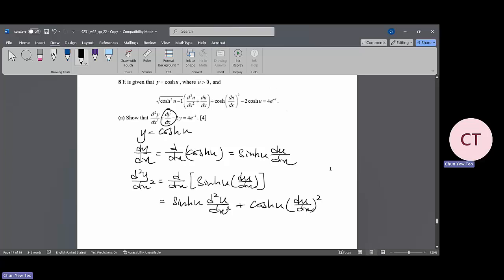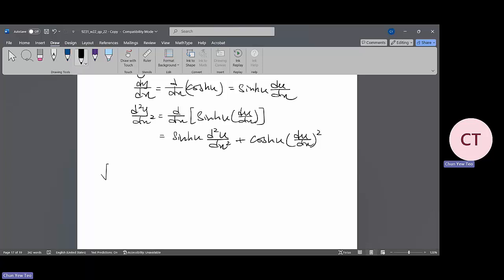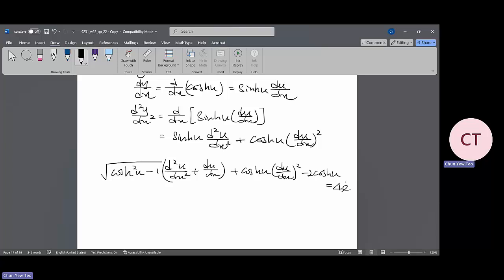Okay. So how to convert? From here, you need to understand that square root of cos squared u minus 1, d squared u over dx squared, plus du over dx, plus the cos u du over dx squared, minus the 2 cos u is equal to 4e to the power negative x.